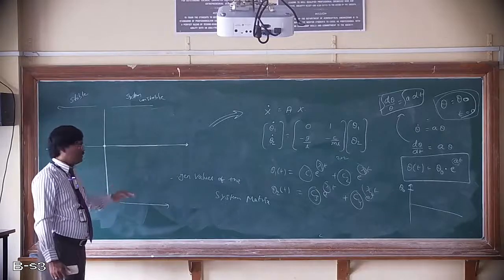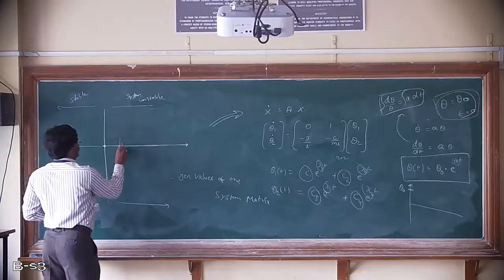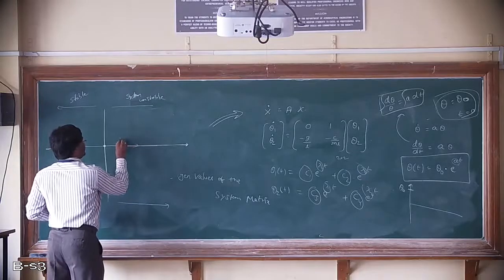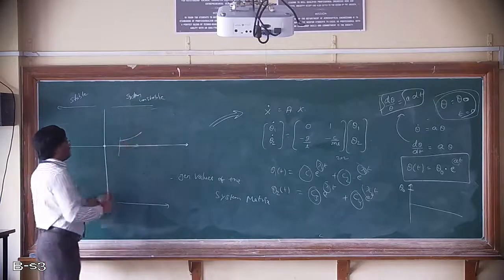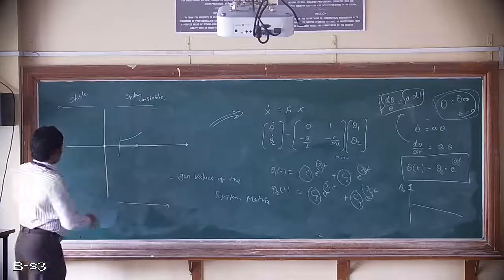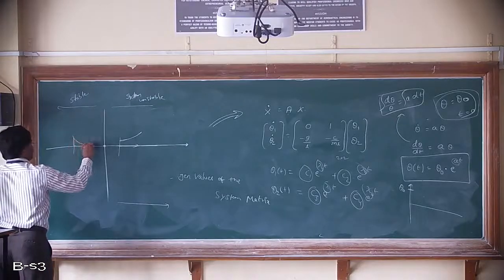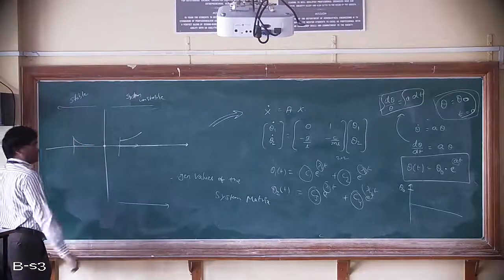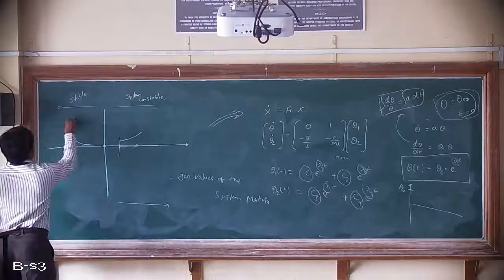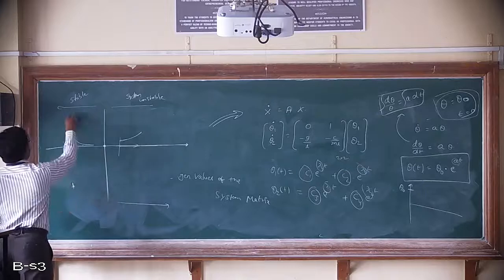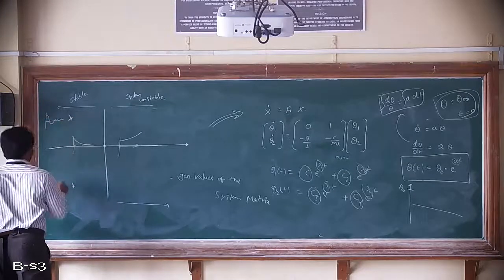If it is on this side, the system will exponentially deviate from the initial position. If it is on this side, the system will converge, right? Real. If these are imaginary, that is sinusoidal, I mean the response will be like this.